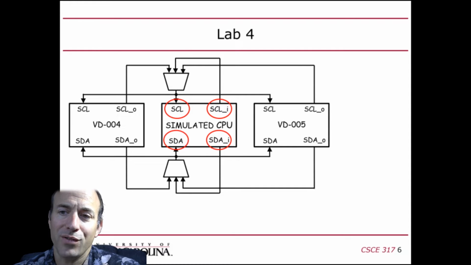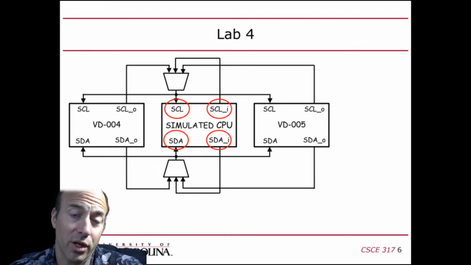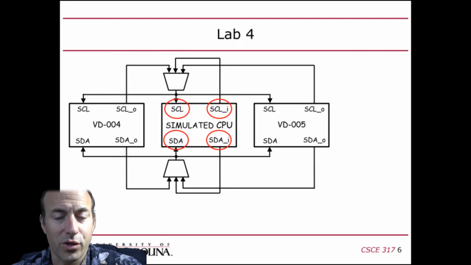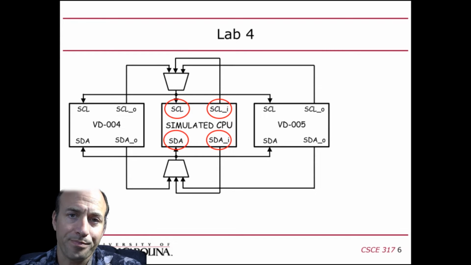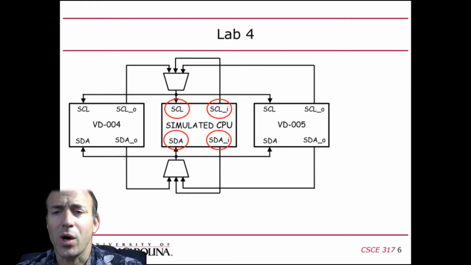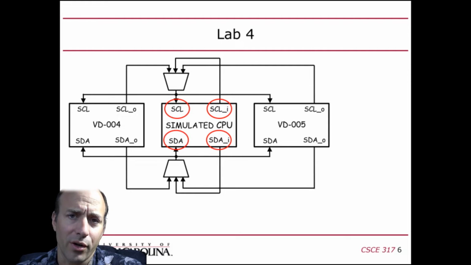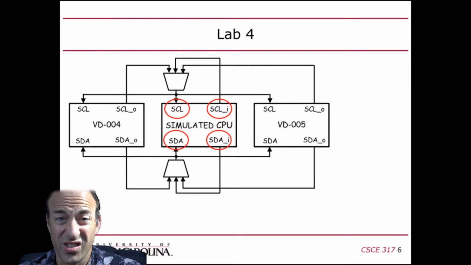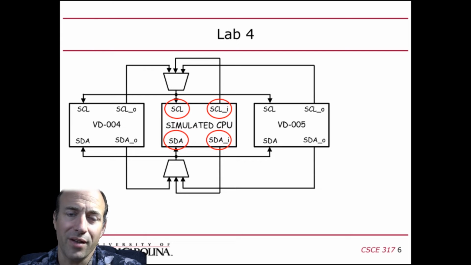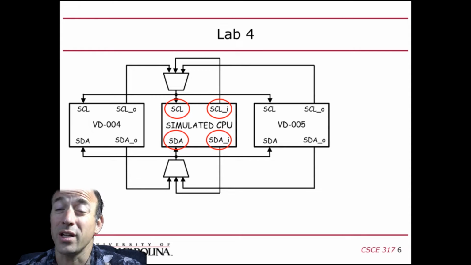So I can have two modules driving the same wire structurally in the design, but during the time that the hardware is in operation, only one of them at most can be driving a 0 or 1 to that wire, whereas the other modules connected to that wire are driving a Z, a high impedance, meaning that they're kind of disengaging themselves from the wire when they're not in control.